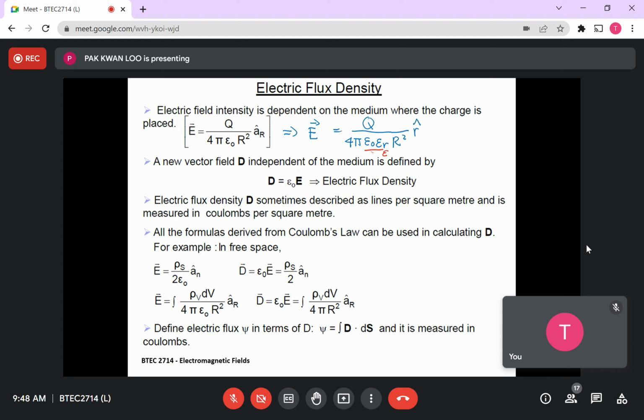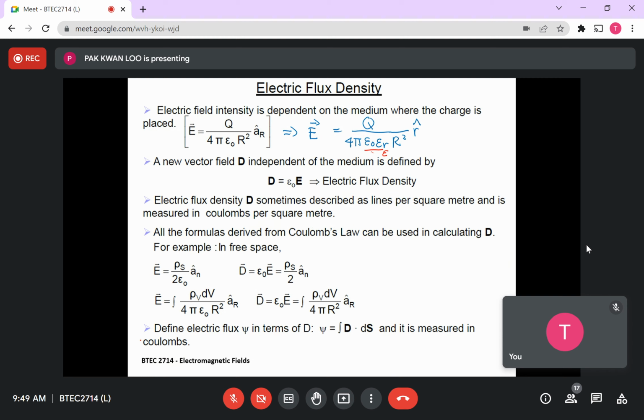So Coulomb's law, basically we define electric field from Coulomb's law, and subsequently from the electric field, we can find the electric flux density.